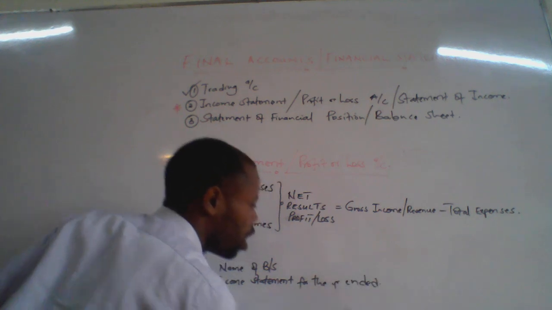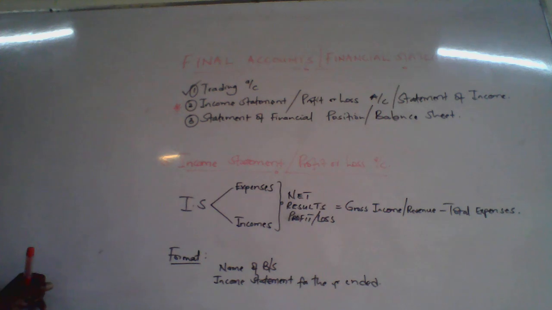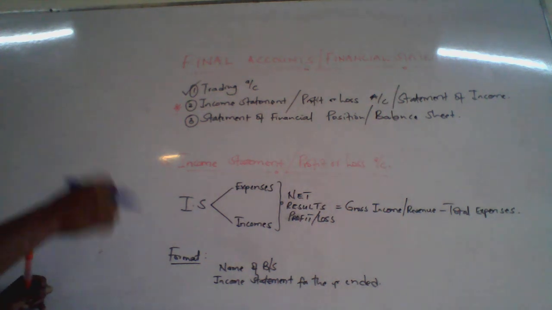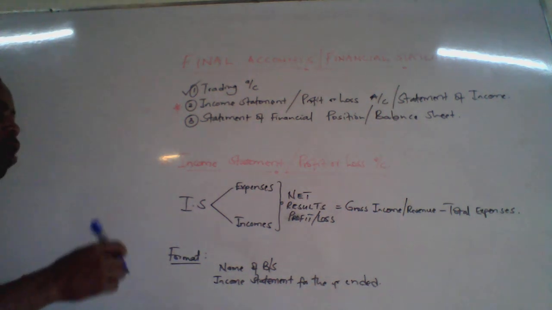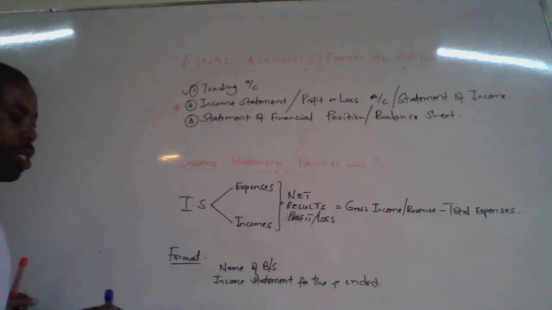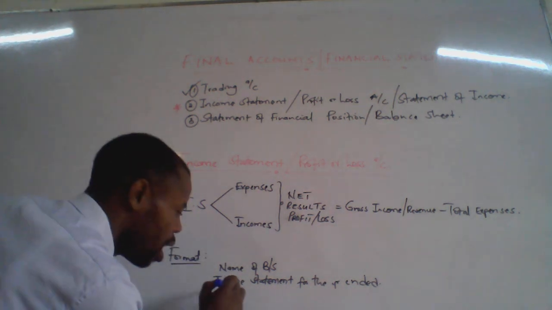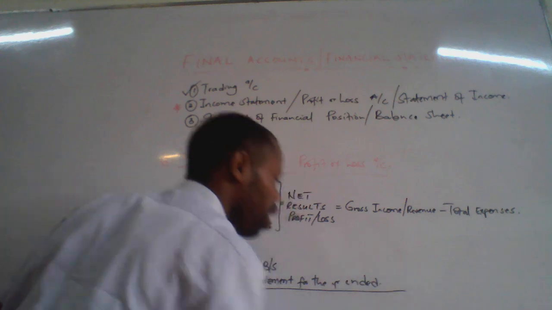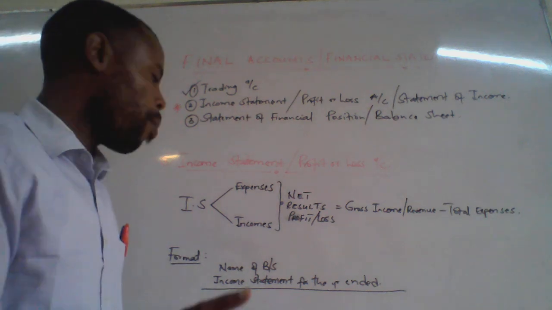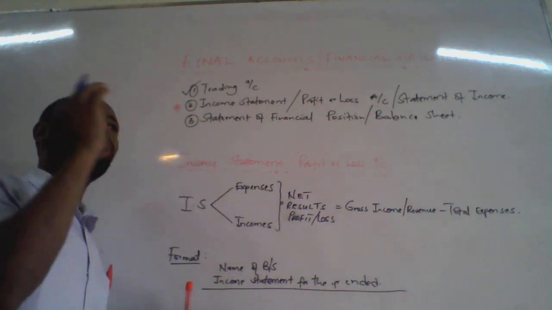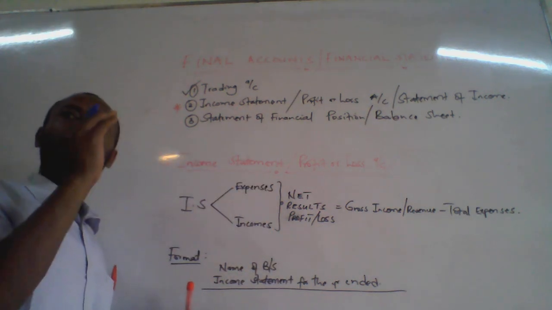Remember that these final accounts or financial statements are prepared at the end of the year. Like this year is the year 2024, with the months starting from January to December.